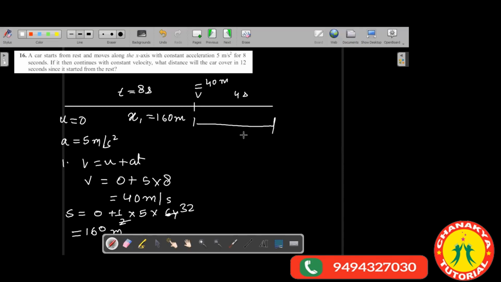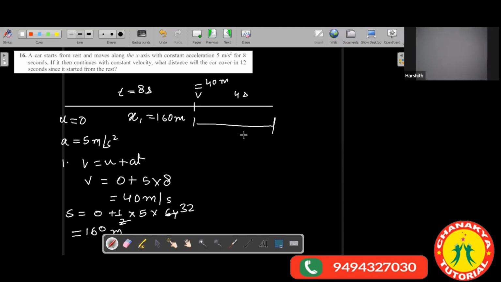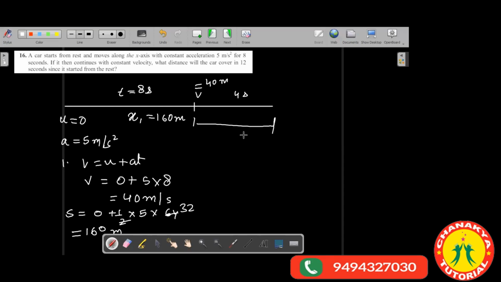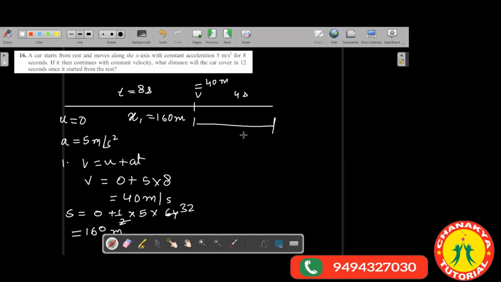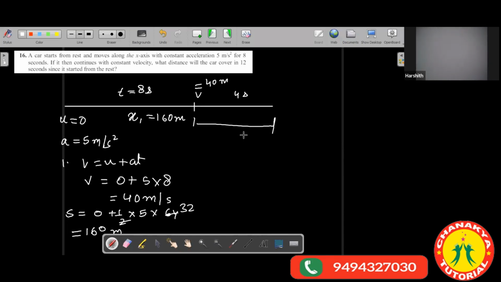So for the next 4 seconds, there is no acceleration. Sir, can we keep the acceleration as 0? Yeah, since there is no acceleration, we will take here acceleration as 0. Sir, the initial and final velocity is 40, right? 40 meter per second.